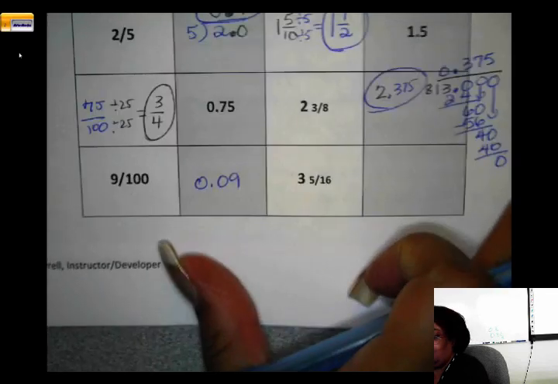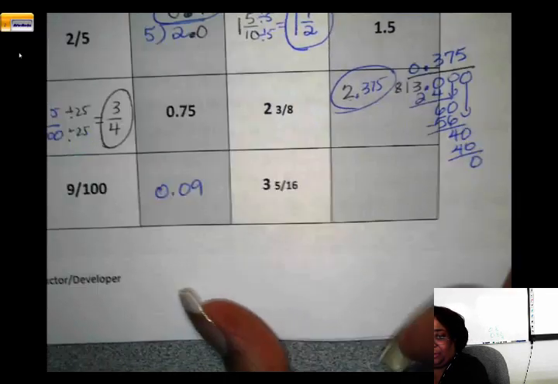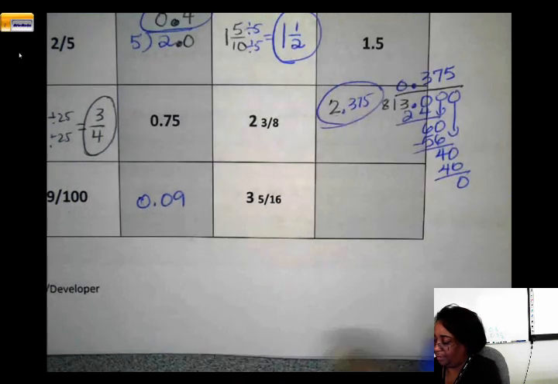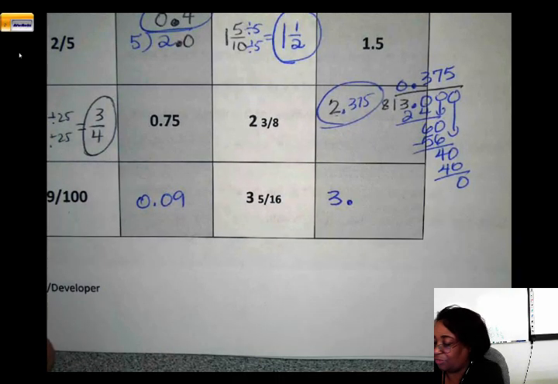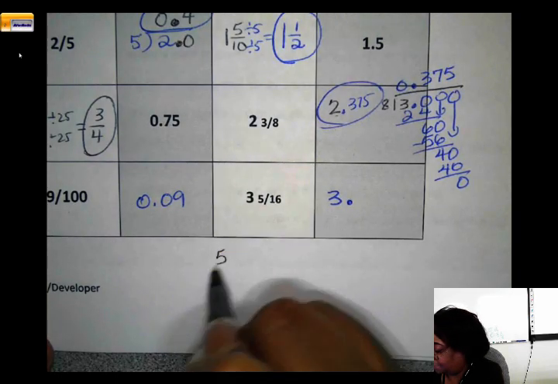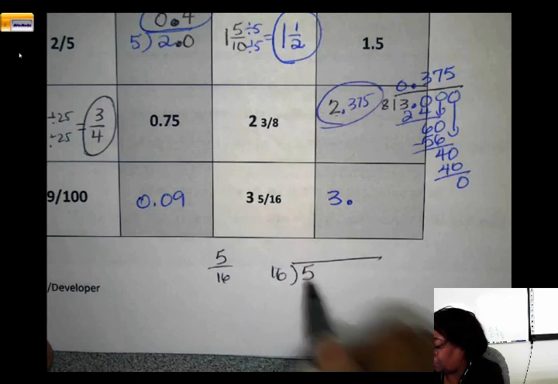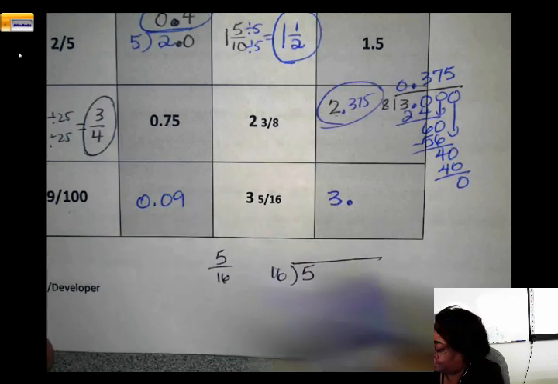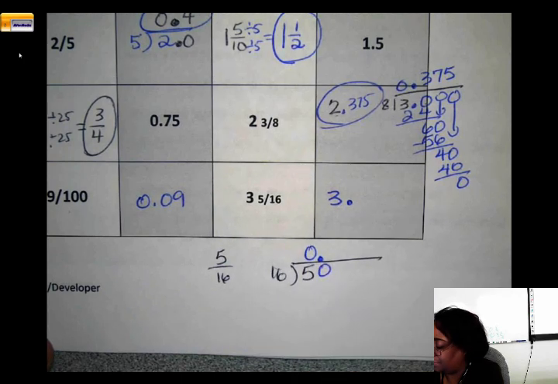On that last one, I'm going to need to divide. So let me make that pretty big so I can divide that bottom part. I know I'm going to have 3 in my decimal, but I have to figure out what the decimal part is. 5/16. Now 16 will not go into 5. So I'm going to put my decimal here, bring a 0 down.